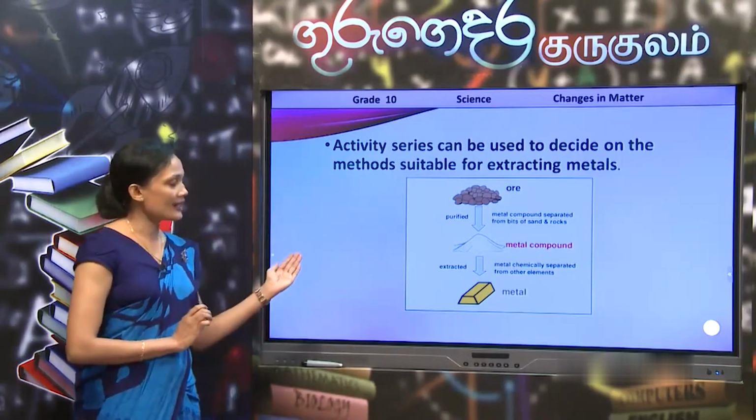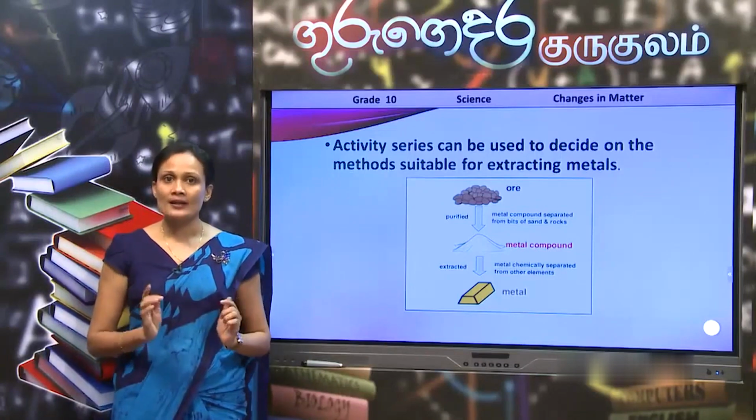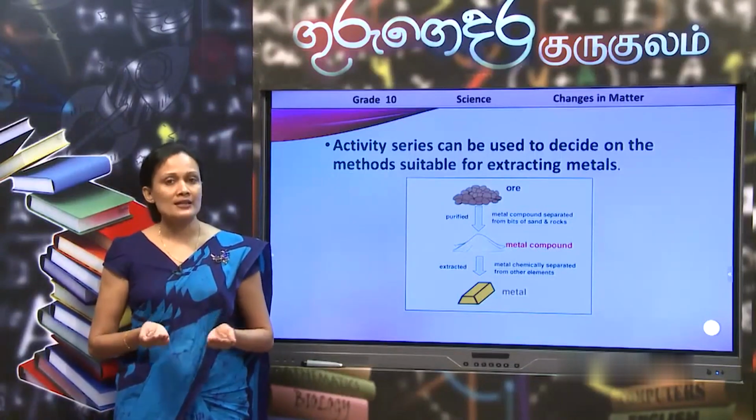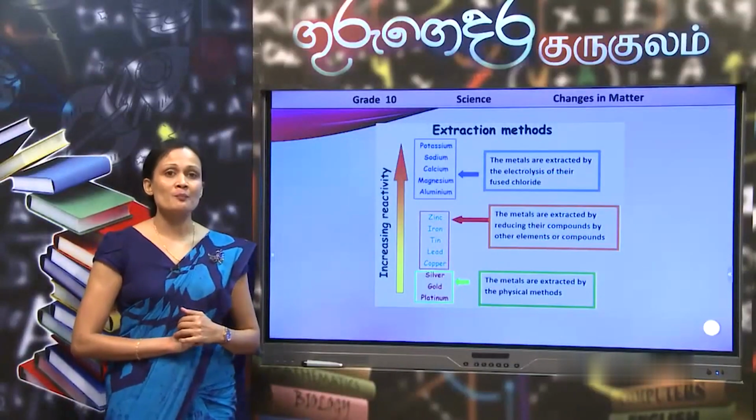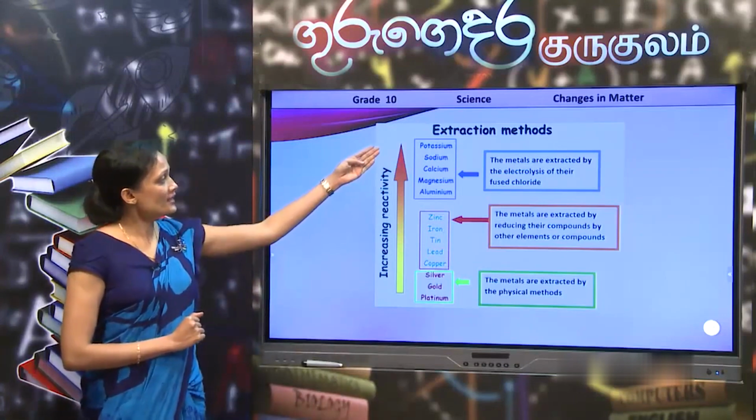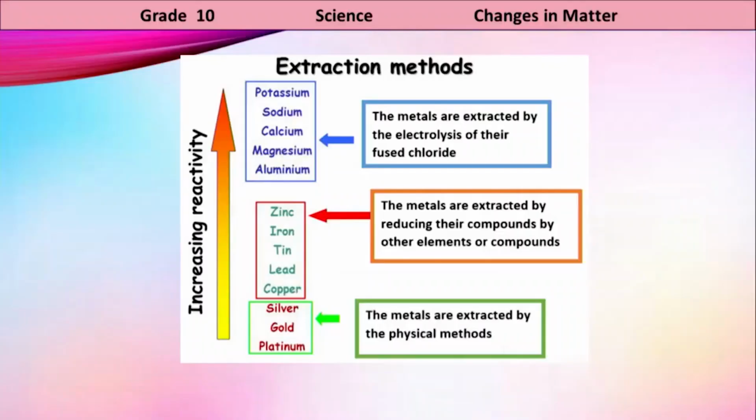So by using the activity series, we can find the way of extracting different types of metals. Look at this, children. Extraction method: if we consider higher reactivity metals, potassium, sodium, calcium, magnesium, aluminium, such metals can be extracted by electrolysis of their fused chlorides.